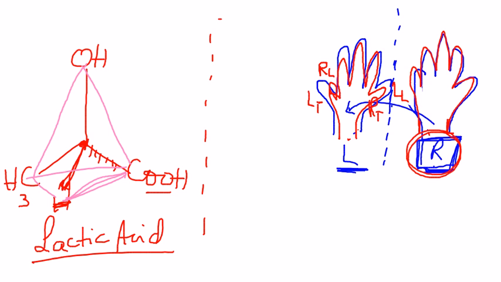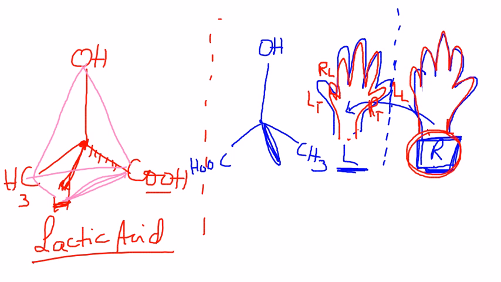If you were to draw the mirror image of that molecule, it's going to look like OH on top, COOH on the side, CH3 on the right hand side, and H pointing towards it, right?